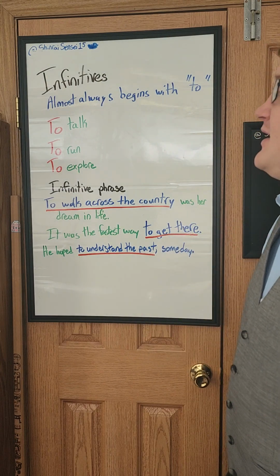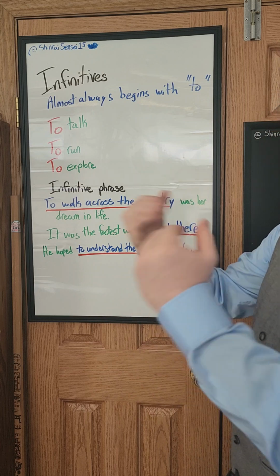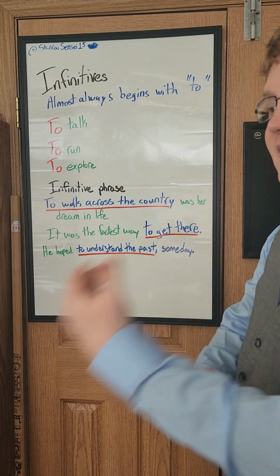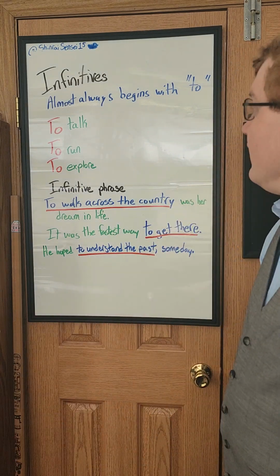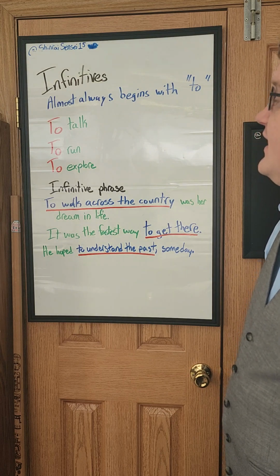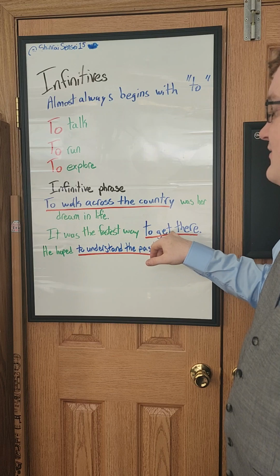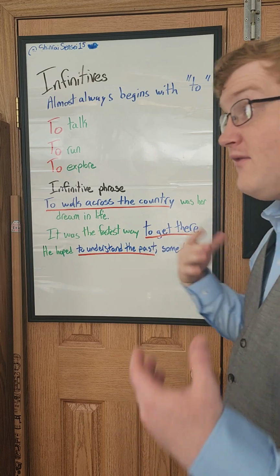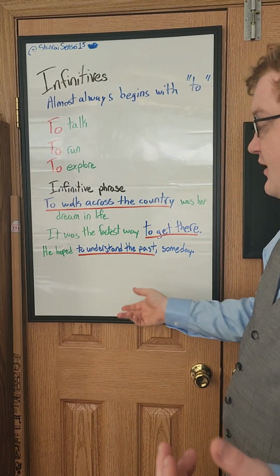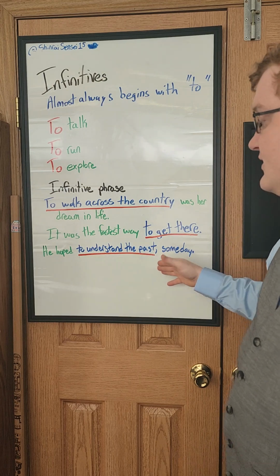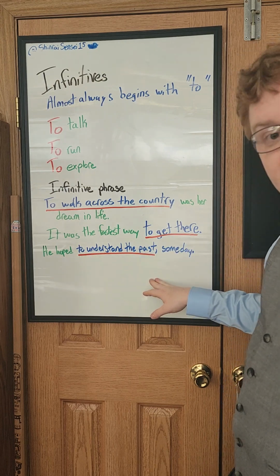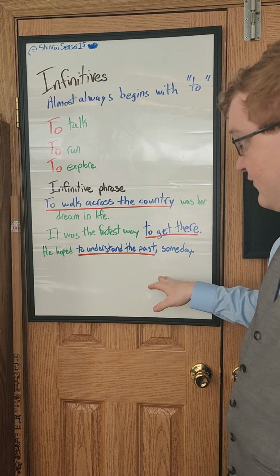In this case, it's making it into a noun that things can act upon, or that can act upon other things. Usually it will be either the object or the subject of the sentence, but in my experience it tends to be more often the object, where things are acting on the infinitive phrase.